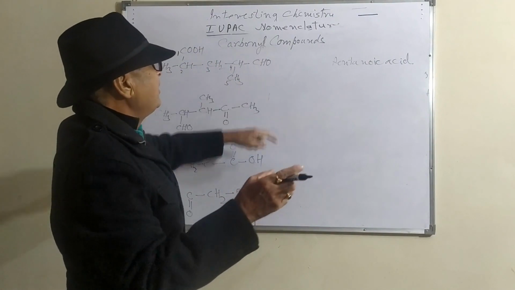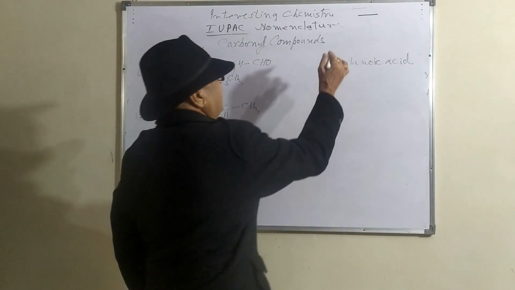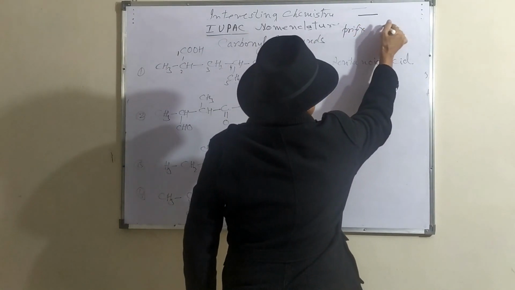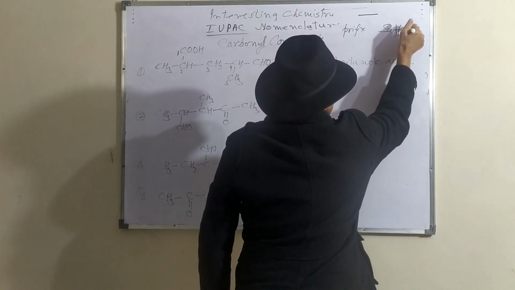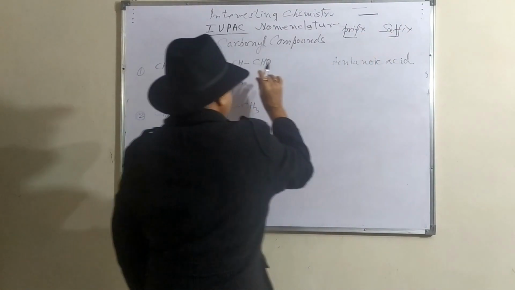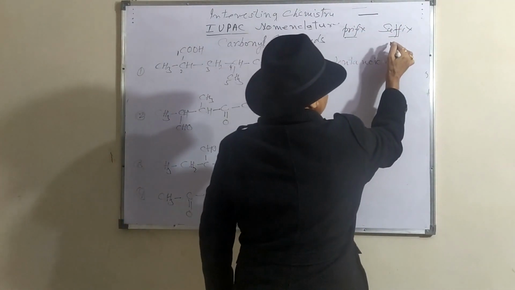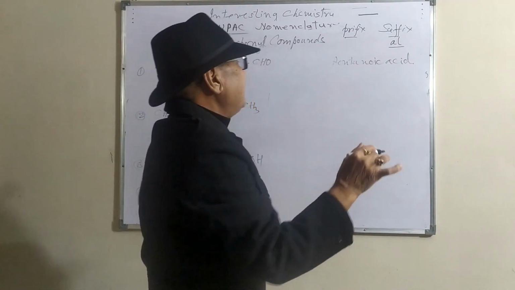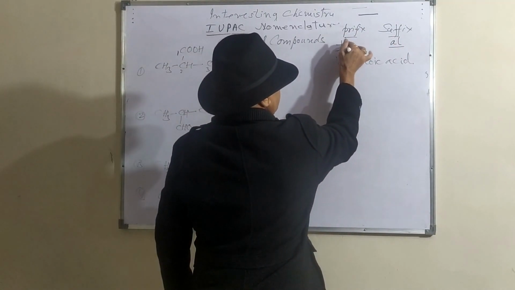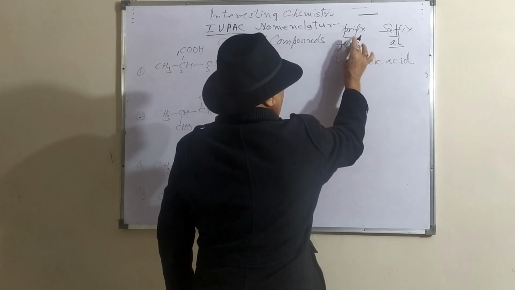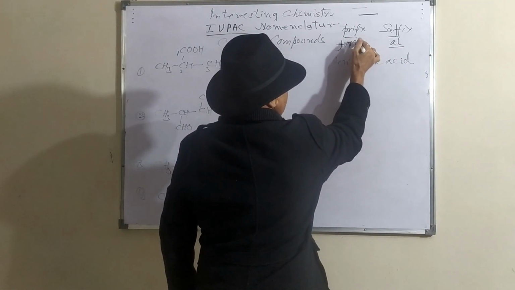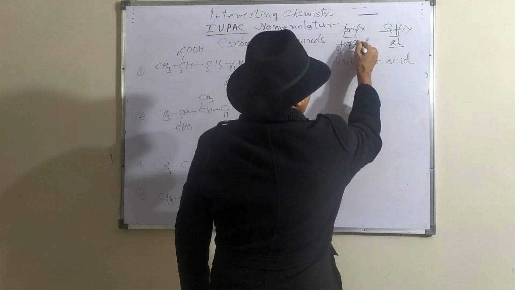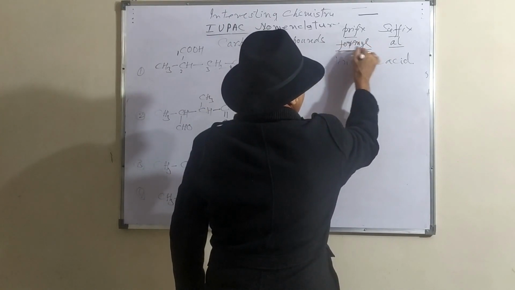CHO has two names, one for prefix and one for suffix. So the aldehyde has two names. The suffix is al, and the prefix is formyl. This is formyl.